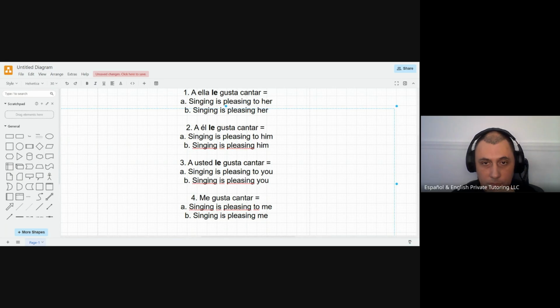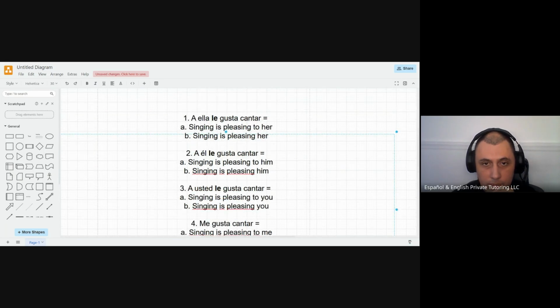As I explained before, a ella will be the indirect object, le will be the indirect object pronoun. I will be the indirect object, le will be the indirect object pronoun. Usted will be the indirect object, and le will be the indirect object pronoun.